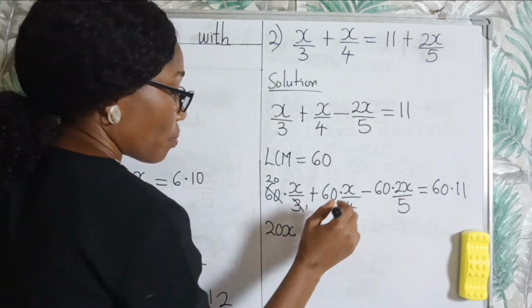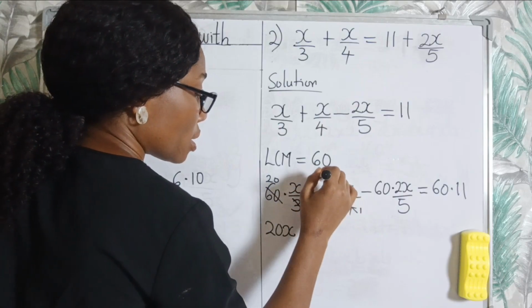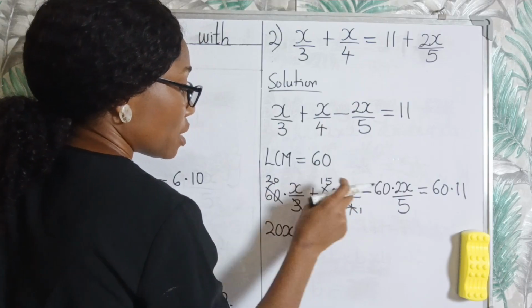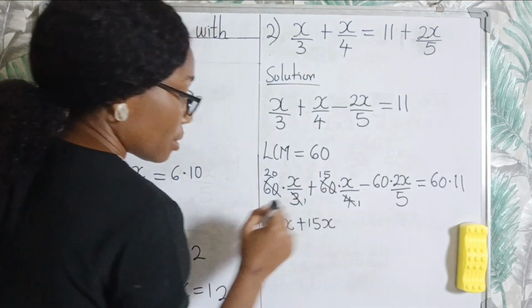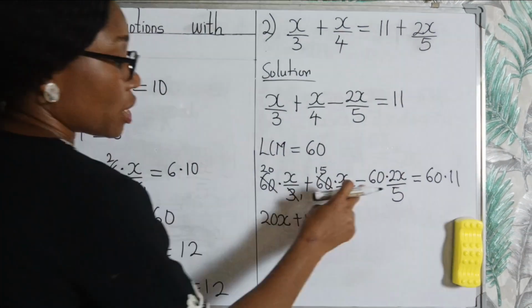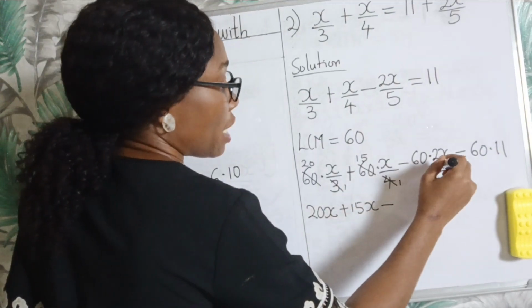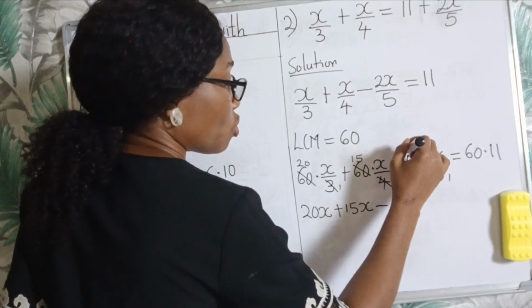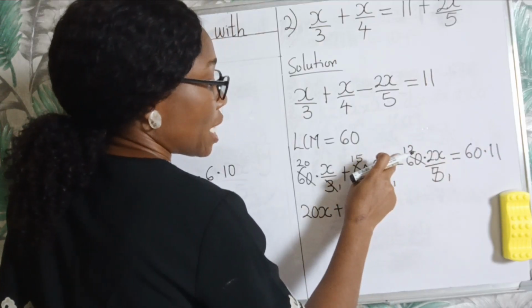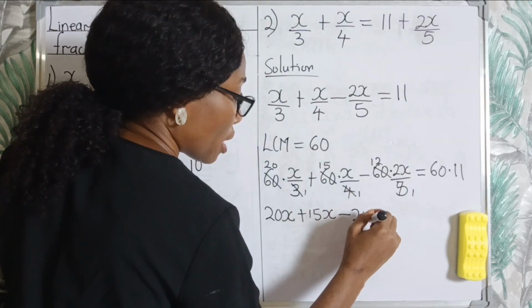All right, so here we have 4 divided by itself is 1. 4 into 60 is 15. 15 times x, so we have plus 15x. Okay, so here we have minus 5 divided by itself 1. 5 into 60, we are going to have 12. 12 times 2x is going to be 24x.